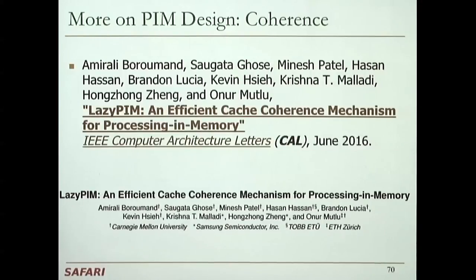OK, so these are some papers that you can look at. One of the issues is cache coherence. I'm not going to cover this again; when we talk about cache coherence, it will become much more interesting. But if you want to partition code between the core and memory, and you don't want to do it at an instruction level but at coarser granularity, you run into cache coherence problems.